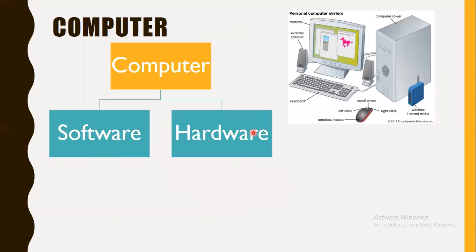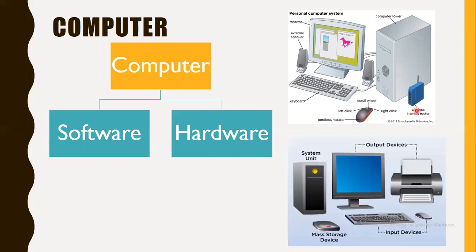We know that the physical components of computer are known as the hardware. Physical components means those components which can be touched, like mouse, keyboard, monitor, speakers, CPU, modem, etc. The computer hardware is classified into two main types.